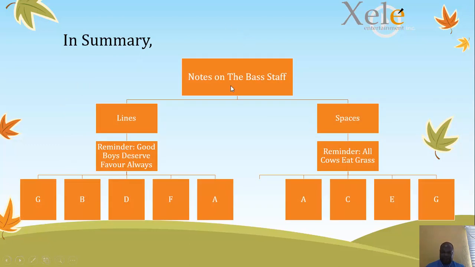And here we have a tree map showing you that the notes on the bass staff can be divided to the ones that are on lines and spaces. For lines, the reminder is good boys deserve favor always, and the notes are G, B, D, F, and A. For spaces, we have all cows eat grass, and the spaces will go A, C, E, and G.